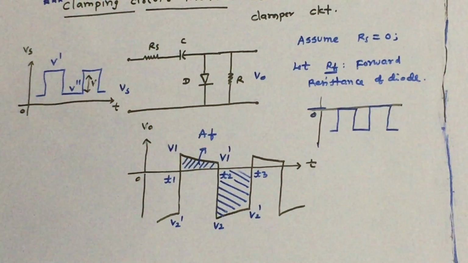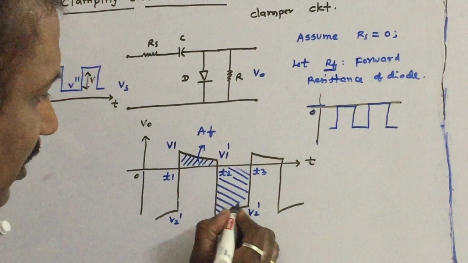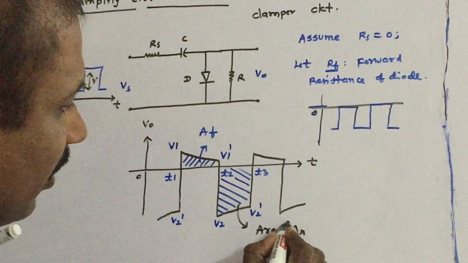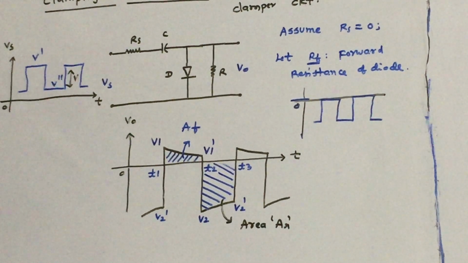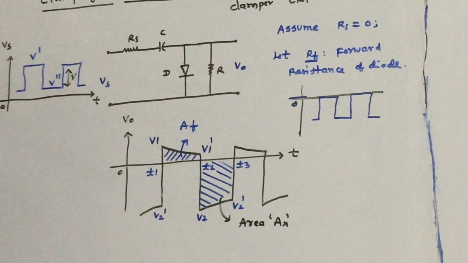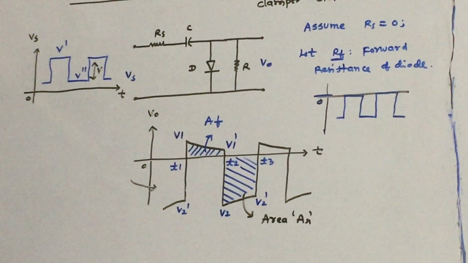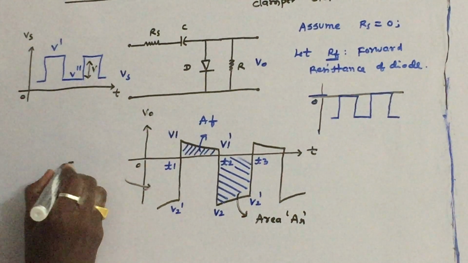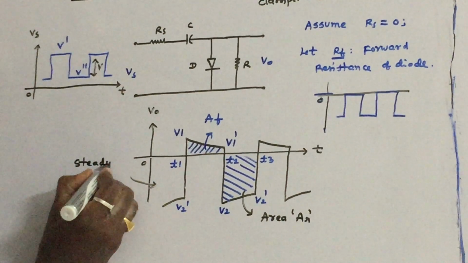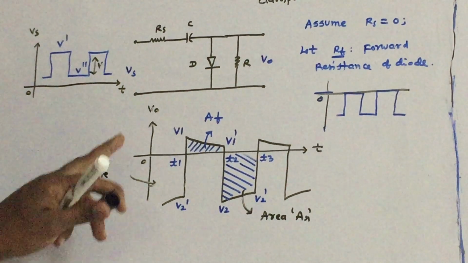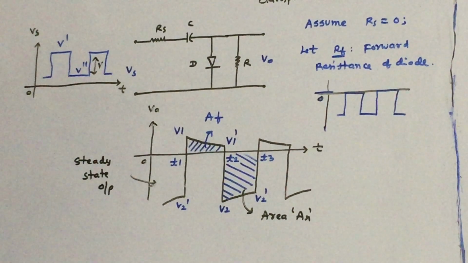Let us call this other area AR. This is the steady state output. Remember that this output is the steady state output of the circuit. The steady state output will come like this.